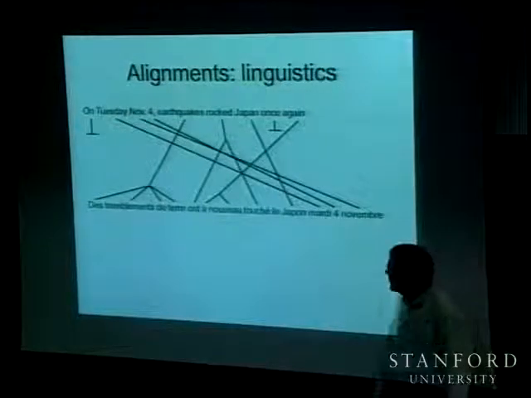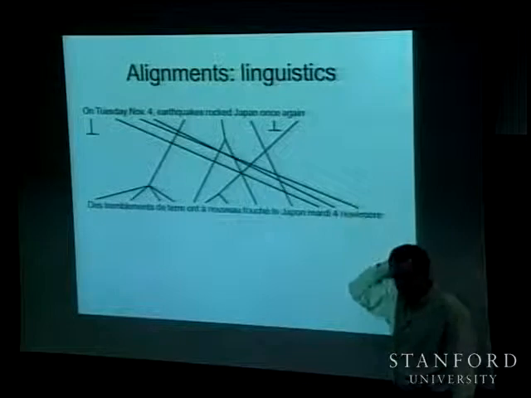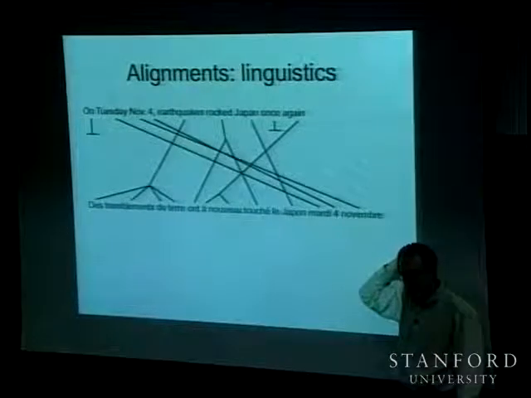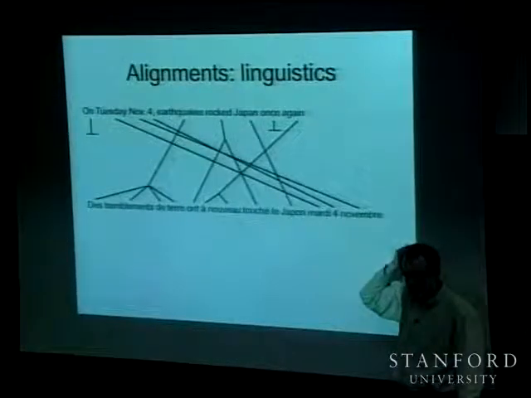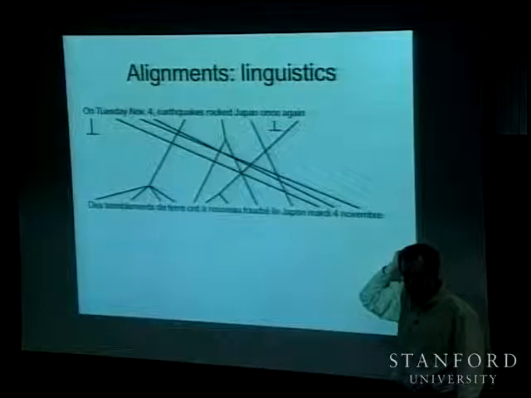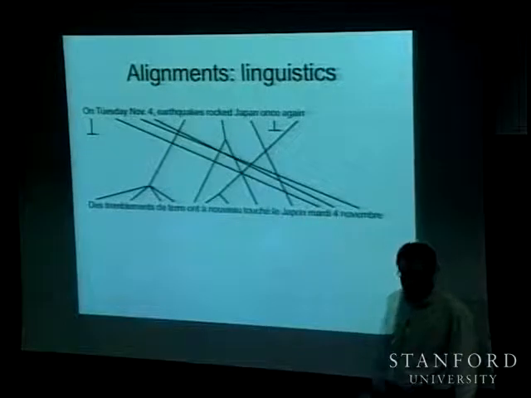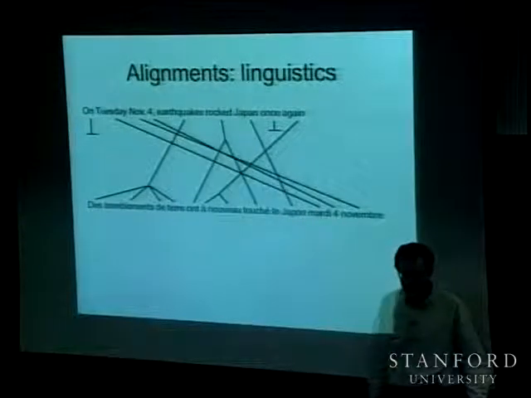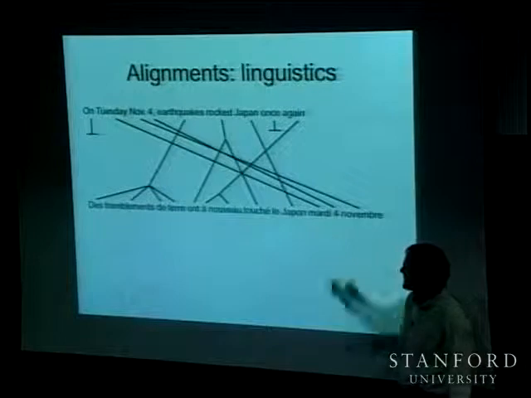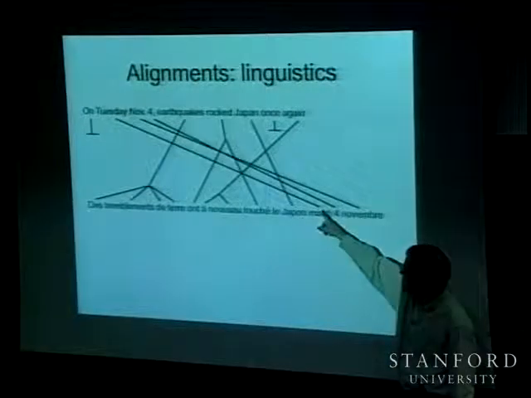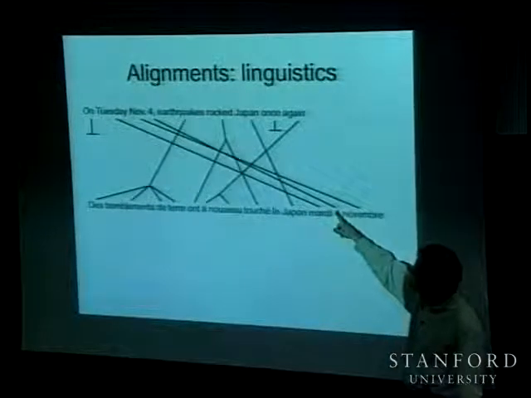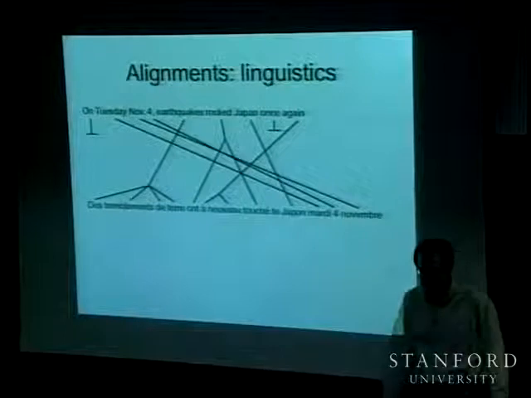Okay, well, if you want to learn this as the correct alignment, and you're using Model 2, you're going to be in big trouble, because if we look at these alignments, they're all going to involve huge displacement penalties, because this word has a huge displacement penalty, this word has a huge displacement penalty, that word has a huge displacement penalty.